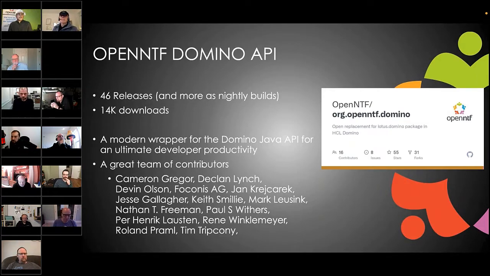It is a modern wrapper for the Domino Java API, and it started as a result of IBM's intention not to invest in the classical Java API anymore. So there was a great team of contributors, and on behalf of them, probably the only maintainer left from the team is Jesse Gallagher, still a board member. I want to ask him about ODA.